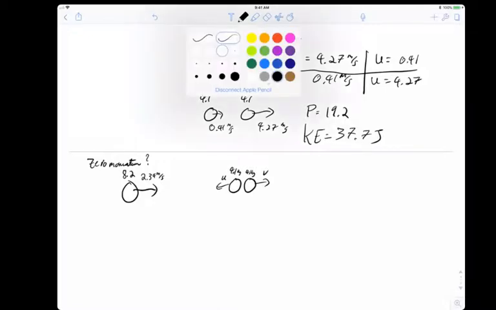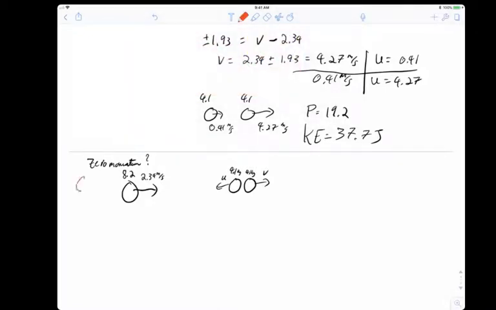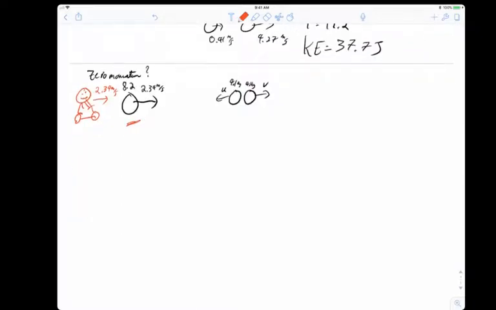So the secret way to do this is to bring in our observer who we never expected to see again. And we're going to put him in the zero momentum reference frame. So the zero momentum reference frame in this case is him traveling at the same velocity as this thing, 2.34 meters per second. Okay. So according to observer B, the initial momentum is equal to 0. The initial kinetic energy is equal to 0.